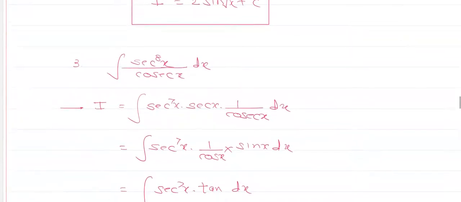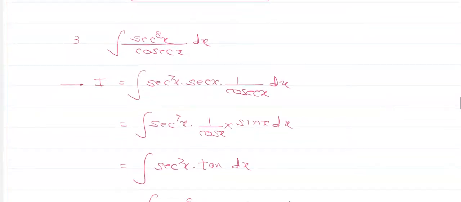Now the next example is the integral of sec x raised to 7 upon cosec x dx. Now we have to simplify this. How are we going to simplify here? This is the integral of sec x raised to 7 into sec x, which makes sec raised to 8, into 1 upon cosec x dx.